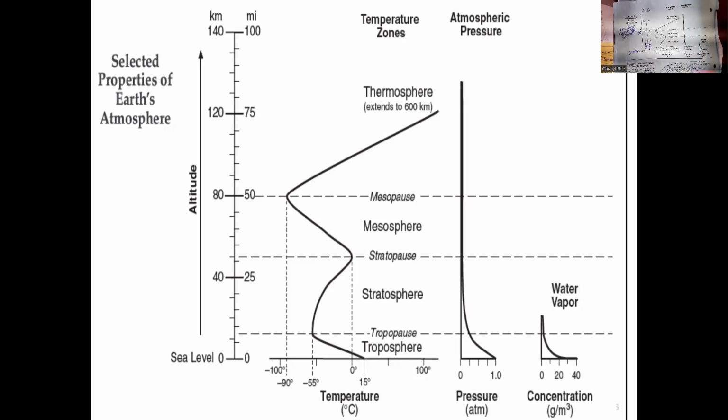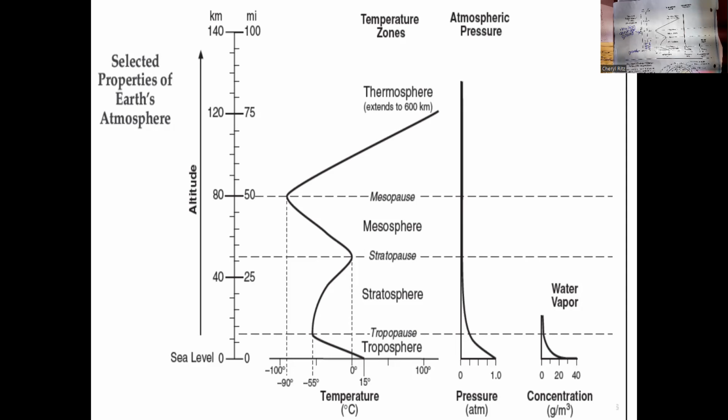We hit the stratopause. Again, do you notice how close those words are to each other? Do you think they're ever going to try and trick you and put the word stratopause instead of stratosphere? 100%. So what do you need to do? Pay attention, read carefully. Number 1 rule of earth science, read all the words.